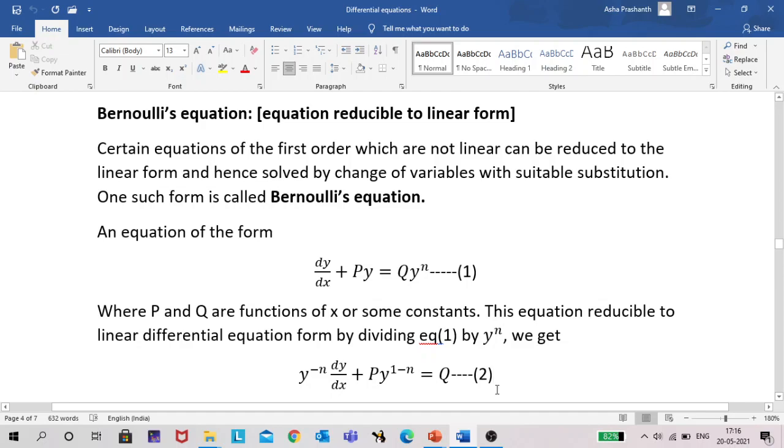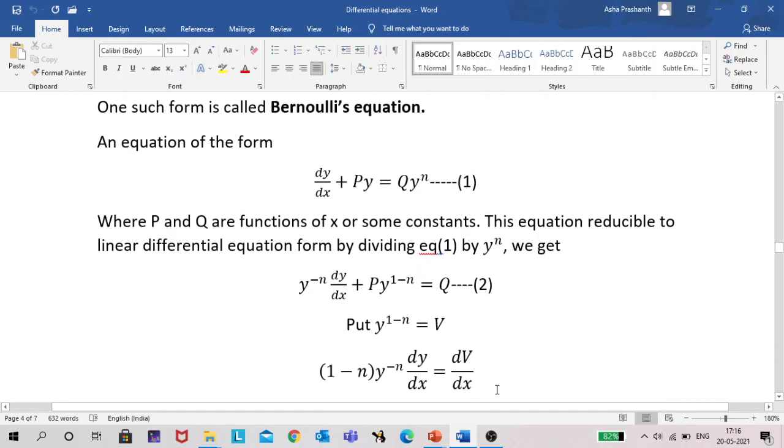After dividing, we get the equation. We call this equation 2; the first equation is equation 1. Now I am going to take the substitution. I'll take y to the power of 1 minus n as v. Then I differentiate it with respect to x. We know x to the power of n differentiated is n into x to the power of n minus 1.